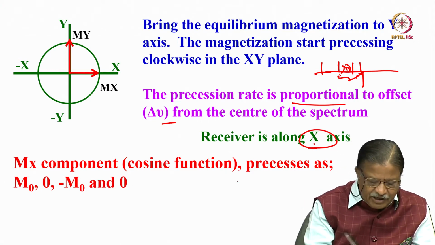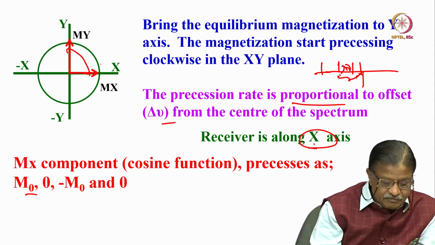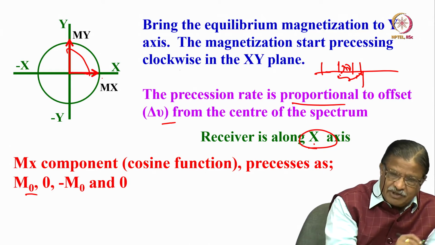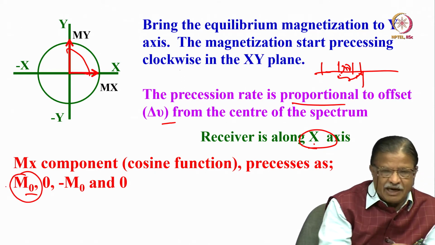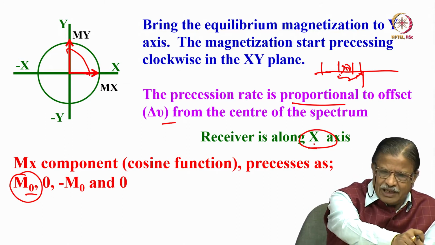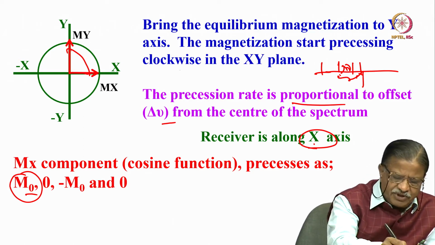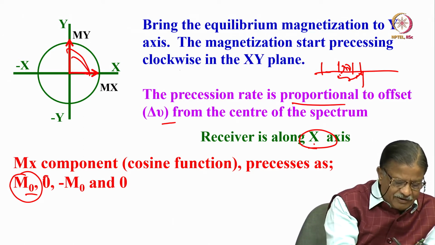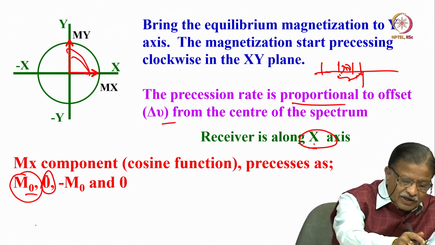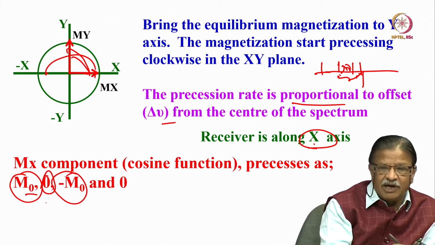The Mx component will precess like this. As soon as the signal comes here along x, it will become maximum signal, maximum being the thermal equilibrium magnetization M0. Then depending upon the direction of precession, it goes to y axis and you will have a 0 signal. Then it goes further, it comes to minus x, and you will have minus M0.